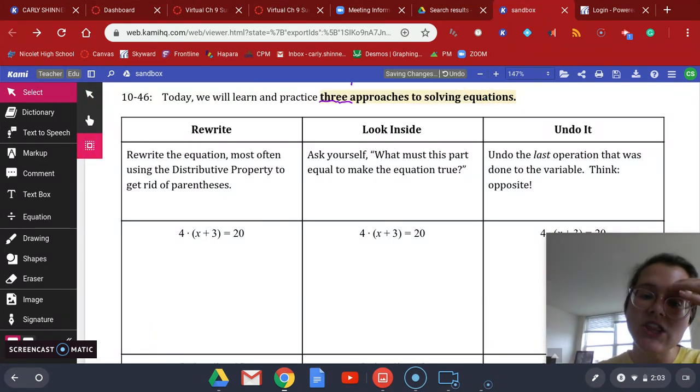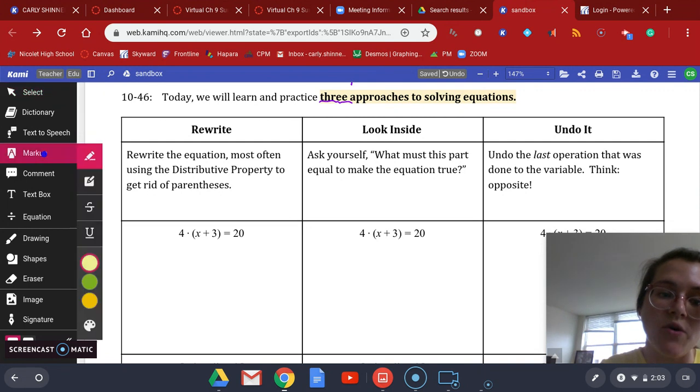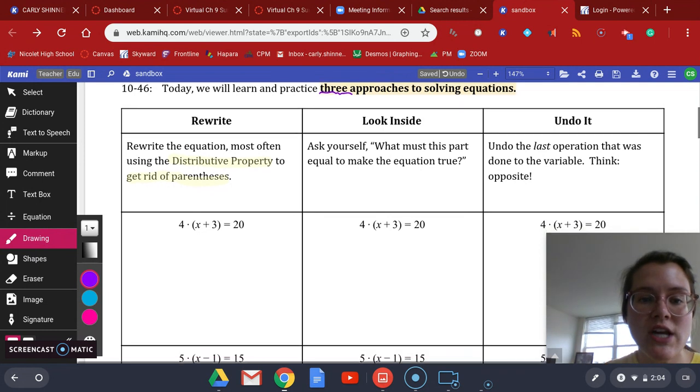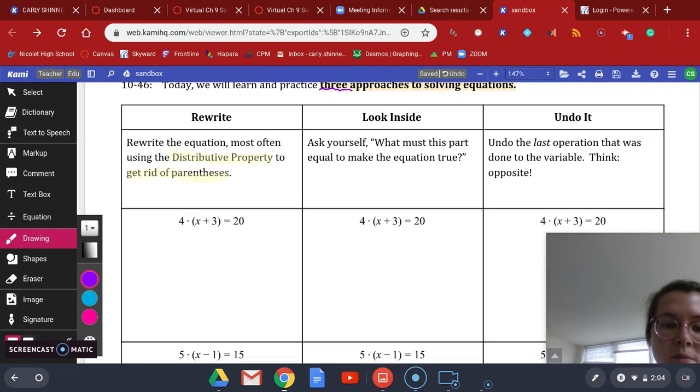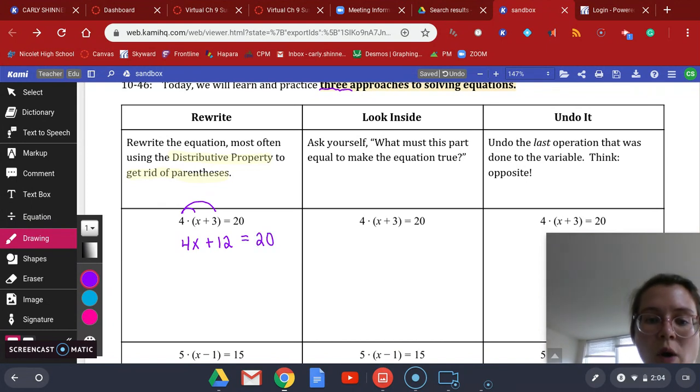So I've got the rewrite strategy. Rewrite the equation. Most often that's going to be using the distributive property to get rid of the parentheses. So in this equation here, that would mean distributing this 4 through, so 4 times x gives me 4x, 4 times 3 gives me 12, equals 20.